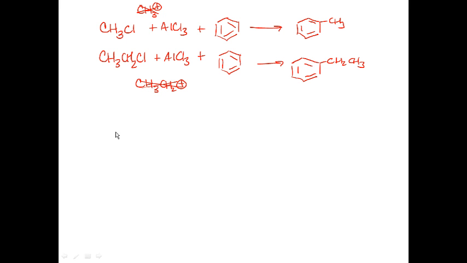Here's what happens. When you take the methyl chloride and you react it with aluminum trichloride, the chloride becomes associated with the aluminum. And so what you end up with is sort of a transition state where the chloride isn't completely removed from the methyl group.